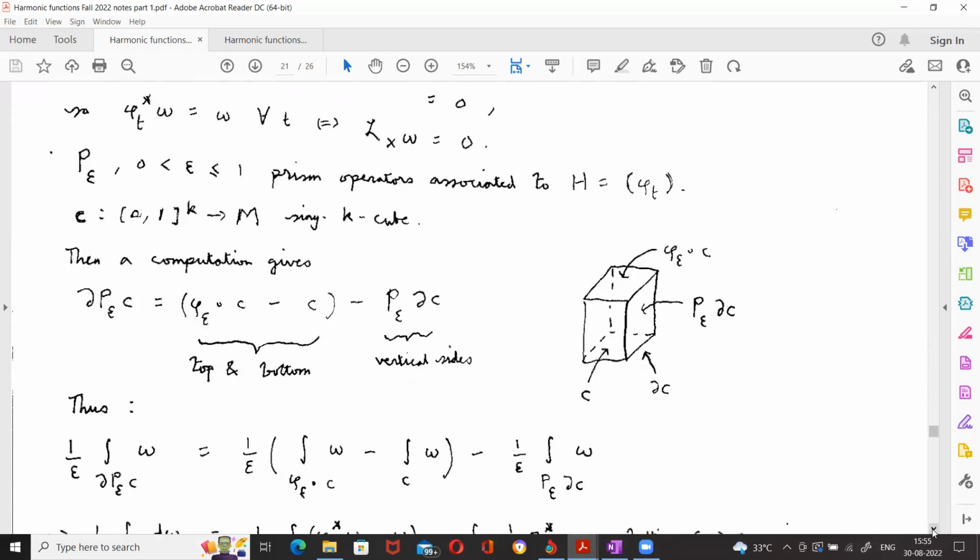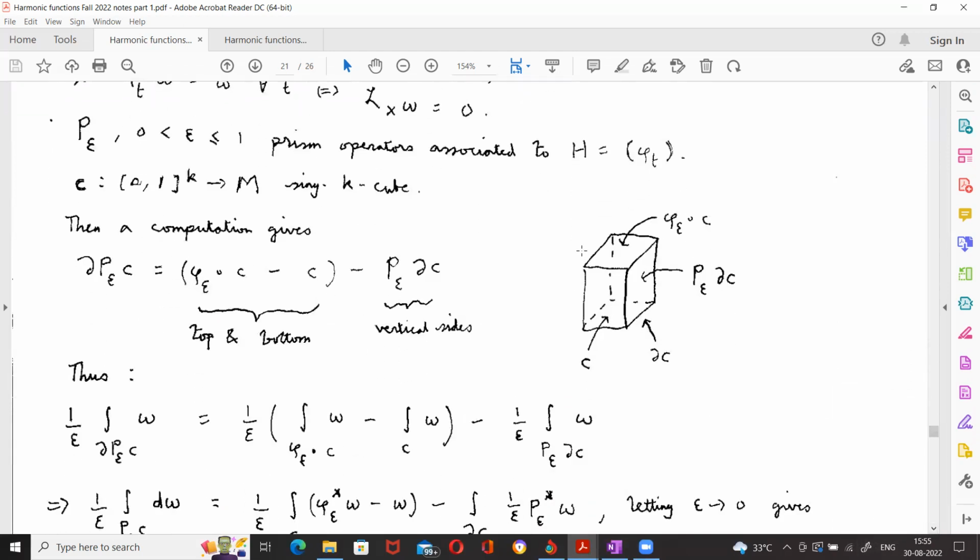So now, what do we want to do? We take the prism operators P_epsilon associated to the homotopy phi_t, where phi_t is the flow of X. Now I take C, a singular k-cube. Then what we want to do is compute the boundary of the prism operator, the boundary of P_epsilon C. So what should this be?